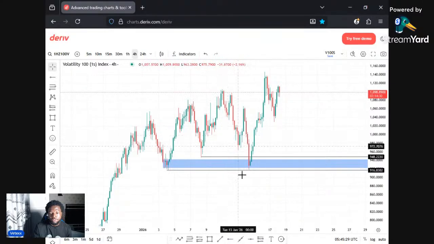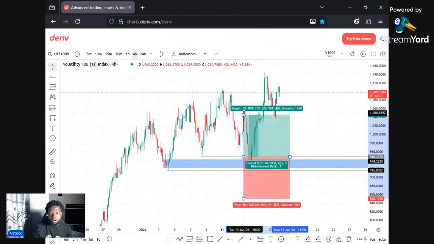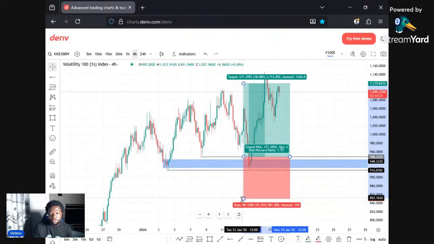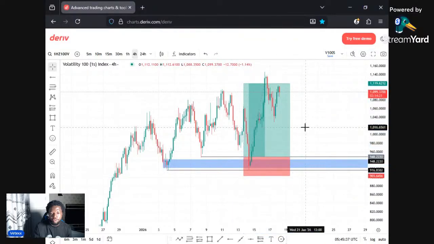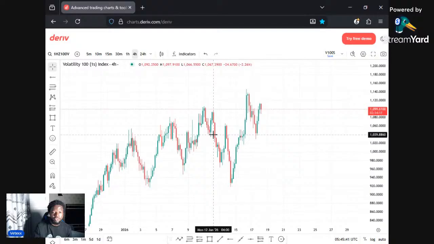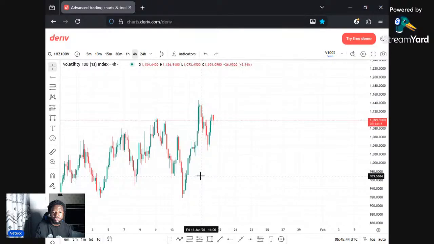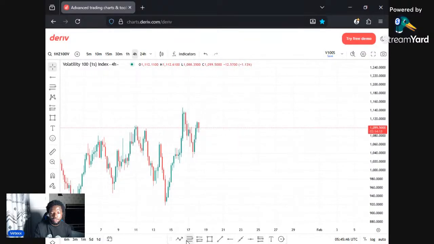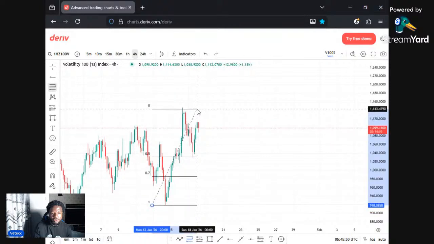All right, so this is one of the setups that played out. I think it played out some days ago, if not some weeks ago. So we'll be looking for a 4-hour time frame continuation pattern to form on V100S.